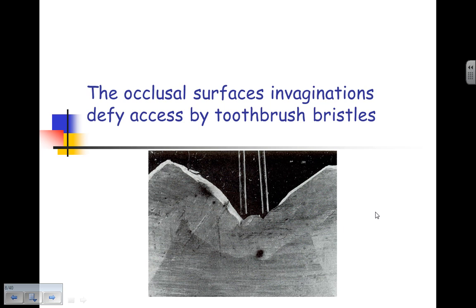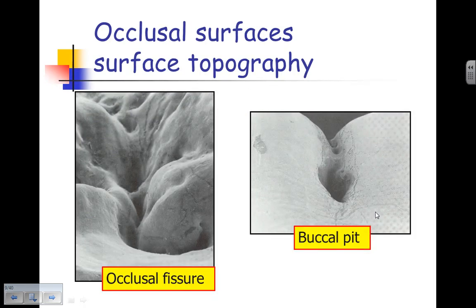That it needs our intervention, our guidance to prevent those class 1 lesions. The anatomy, the surface topography of pits and fissures are like valleys, like the Grand Canyon to the bacteria. Whether it be an occlusal fissure and its invaginations and the depth of those invaginations, or a buccal pit.